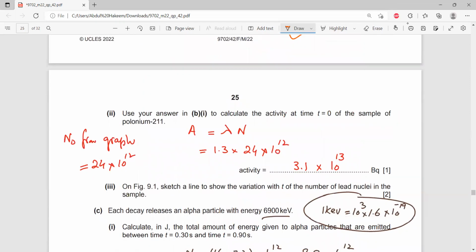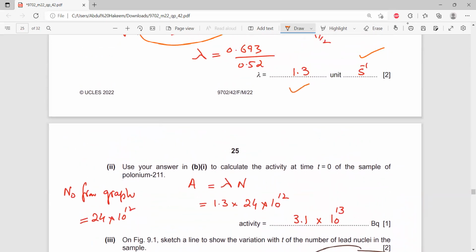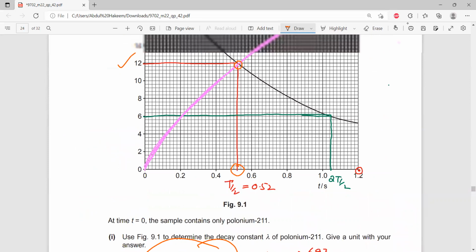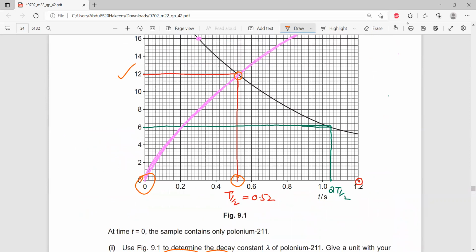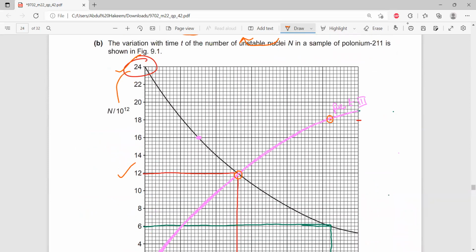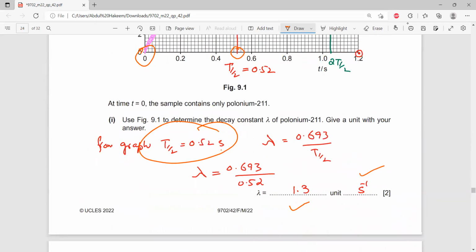Next is use the answer to calculate the activity of the sample at T0. For the polonium, activity A is equal to lambda N. Lambda is calculated 1.3, and at time 0, what is the number of the polonium at time 0? The number of the polonium is 12 times 10 power 12.